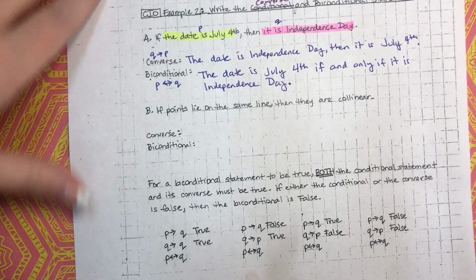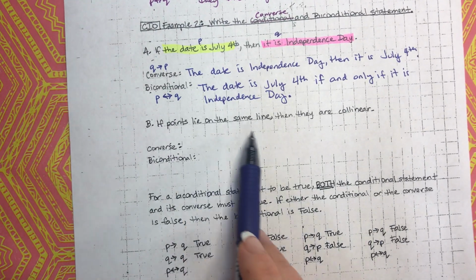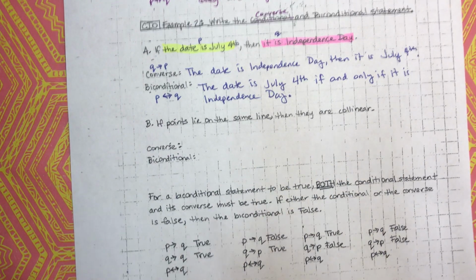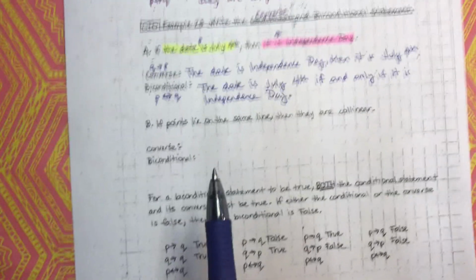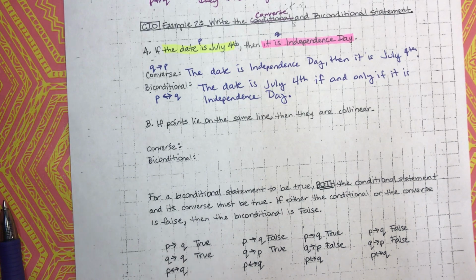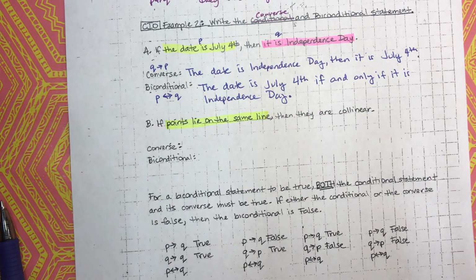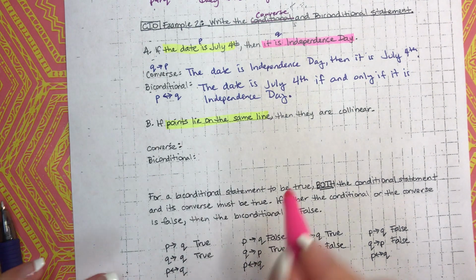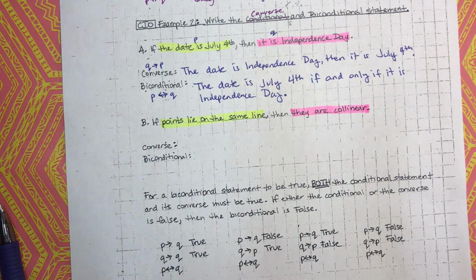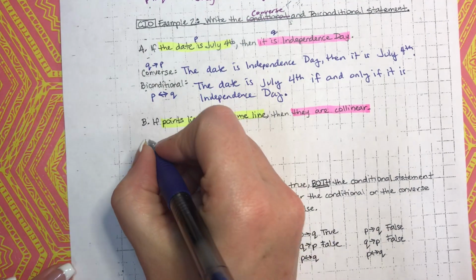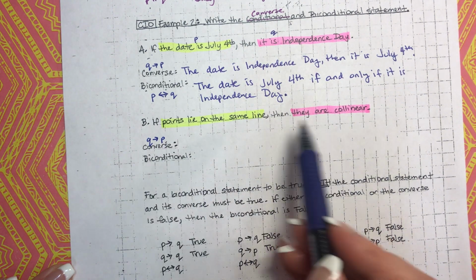Okay, so this is the last one. If points lie on the same line, then they are collinear. So they're giving us the conditional statement right here. Points lie on the same line, then they are collinear. Okay, so the converse would be Q to P, where we just switch them.